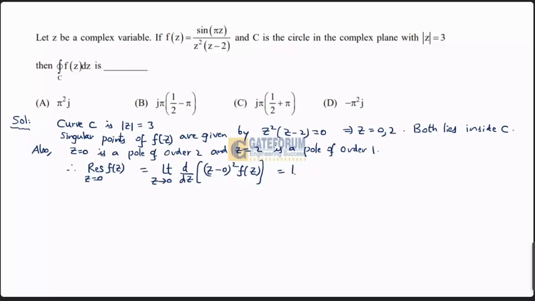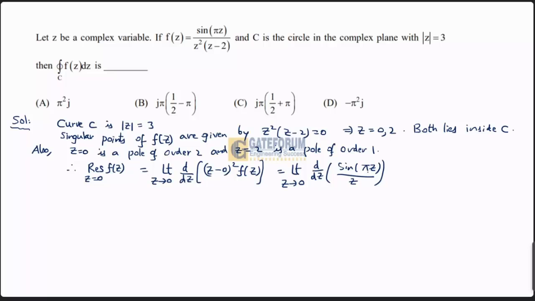So this is equal to limit z tends to 0 d by dz of, so this z minus 0 whole square is z square, which is cancelled with one of the z square terms in the denominator. So finally this simplifies to sine pi z by z minus 2.